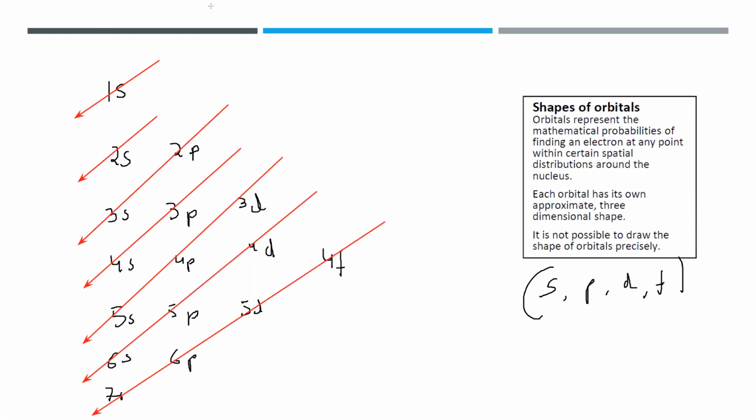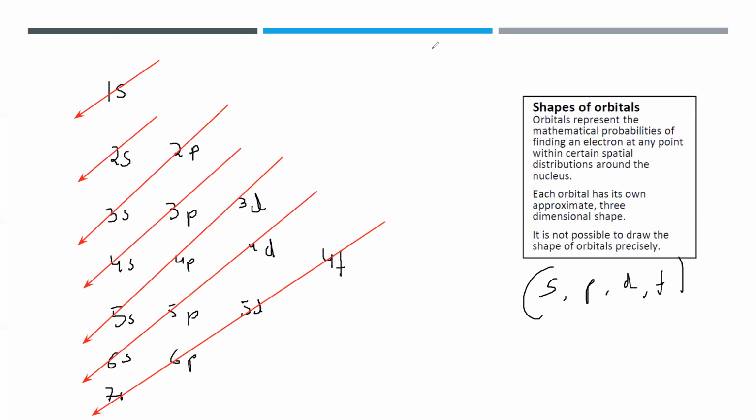So it's easy to remember these arrows. You just have to complete one arrow at a time: 1 subshell on the first 2 arrows, then 2 subshells on the second and third and fourth, then 3 subshells, and then 4.